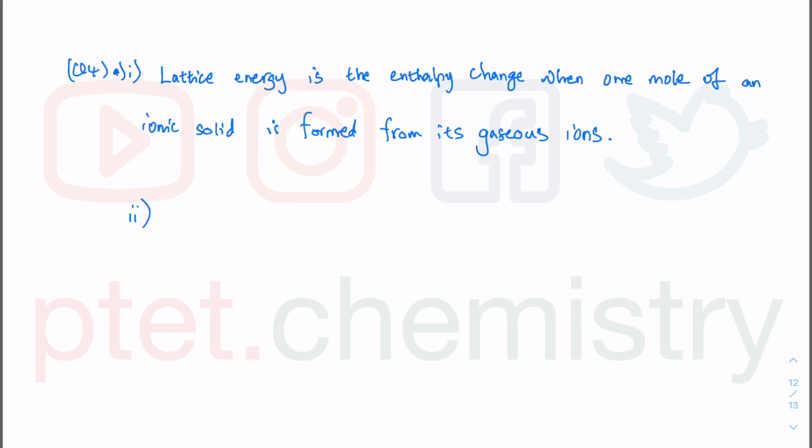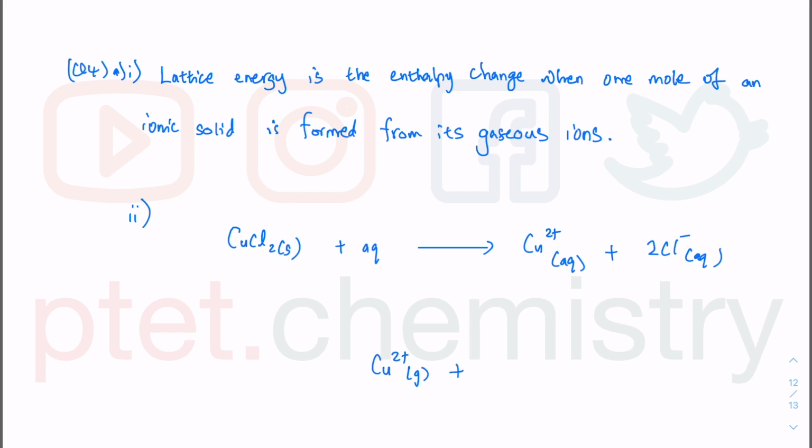Part 2 of this question, we want to find the enthalpy change of solution. Enthalpy change of solution is the enthalpy change when I dissolve 1 mole of this substance in a large amount of water. I dissolve it, I get Cu2 plus, because this is copper(II) chloride based on the formula, as you would know from your year 9 chemistry. Anyway, we have to relate it to lattice enthalpy. Lattice enthalpy, based on the previous part, is to do with gaseous ions, so I'm forming 1 mole of that ionic solid.